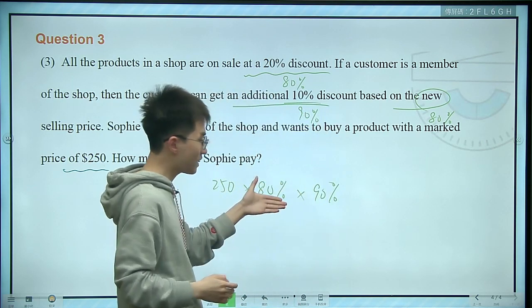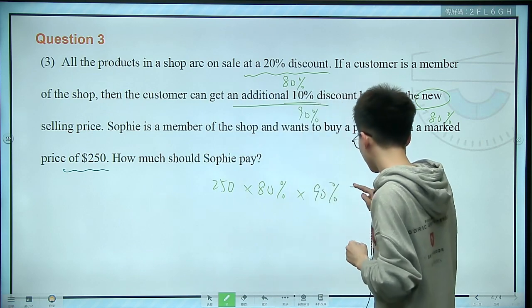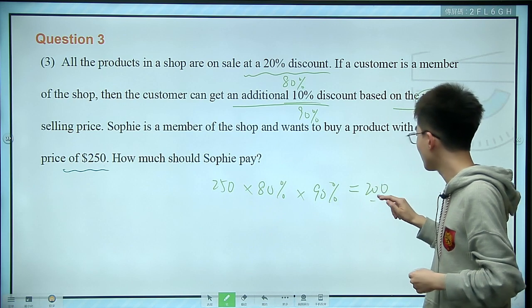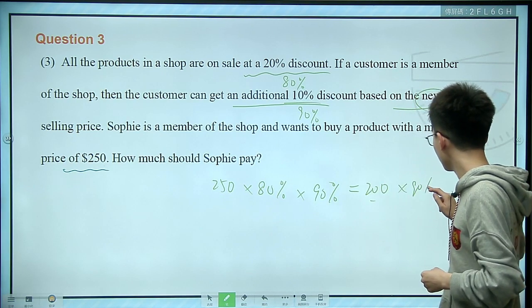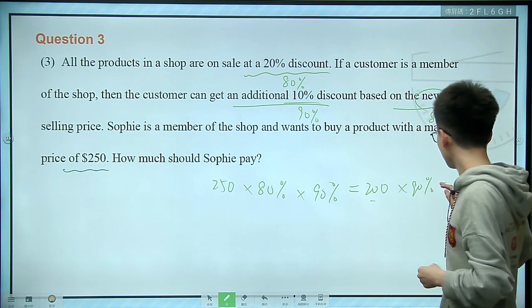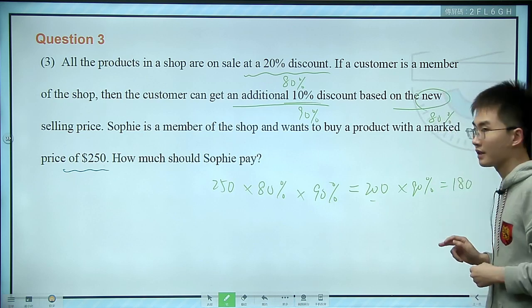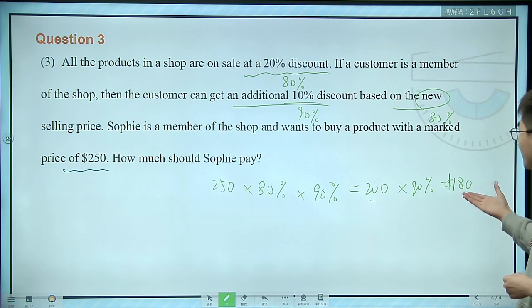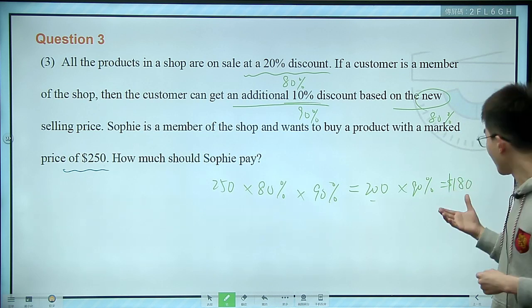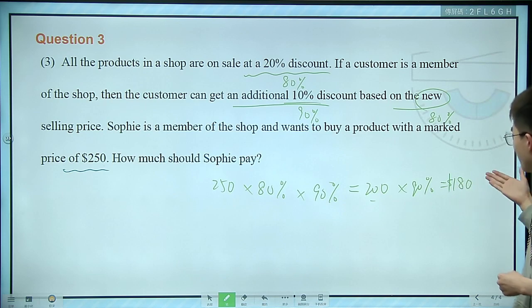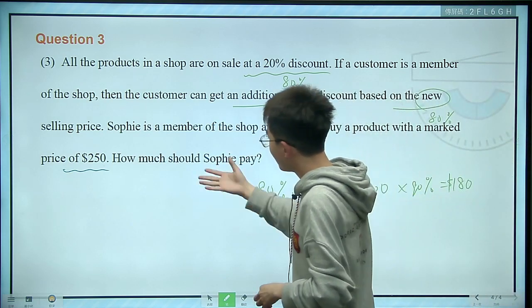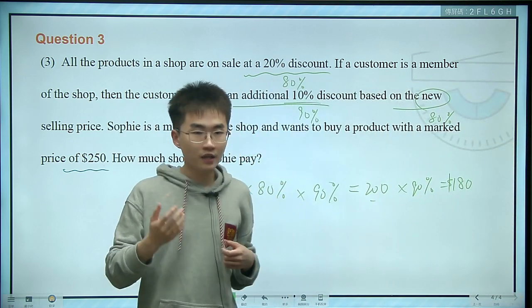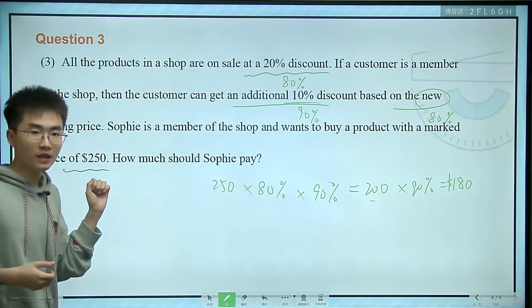You times 80% and times 90%. 250 times 80% equals 200, and you times 90%, it will equal 180. Also, don't forget the unit. So it will be $180.